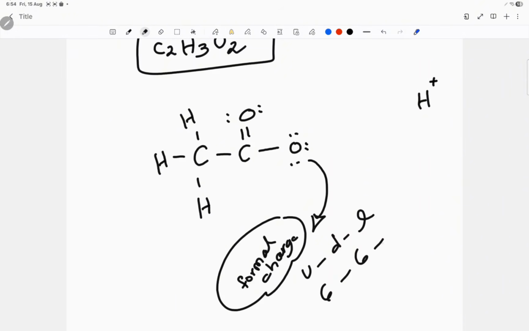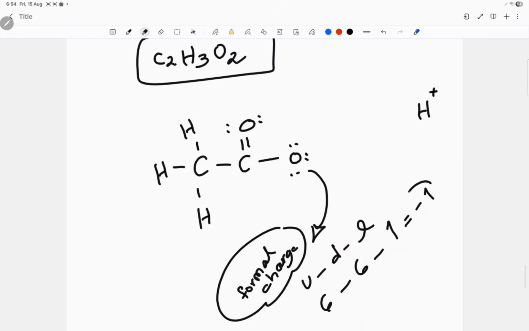And how many lines? So you get -1 charge. You asked me for the formal charge of oxygen? Yes. And you just take the line that's closest to it? No, I'm asking for that specific oxygen. Yeah, it has 1 line on it. Not closest, but on it. Okay, like connecting to it. Nice. Are we learning?